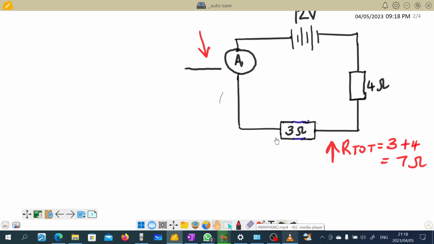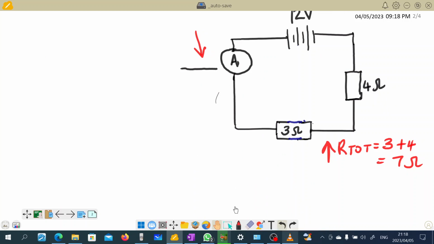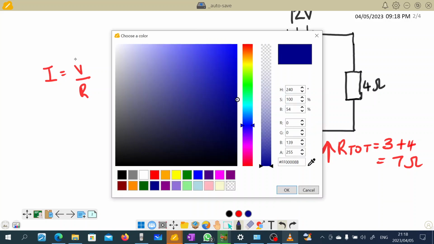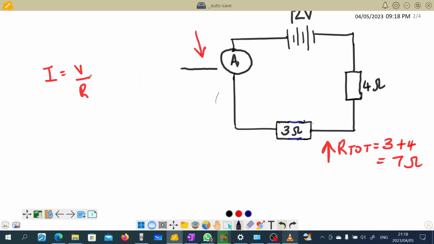Let me create a space here. So the formula says I is equal to V over R. This formula says I is directly proportional to V. If you can see, I is a numerator, the voltage is a numerator. If the voltage is increasing, that means the current is also increasing, because they are both numerators. In other words, they are directly proportional to each other.